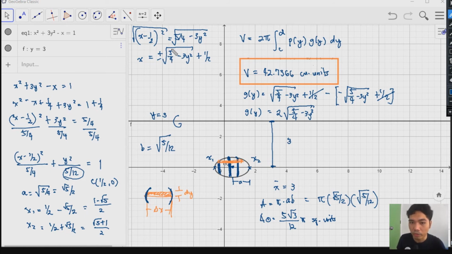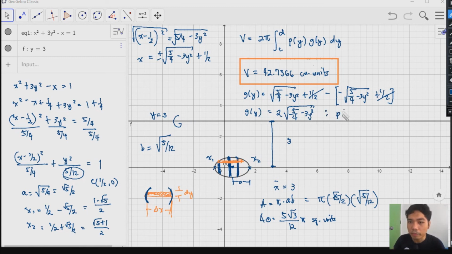And then you're taking literally the length of that certain vertical or horizontal strip, with the endpoints on the curve of the figure itself. So with this, we already have the g of y.